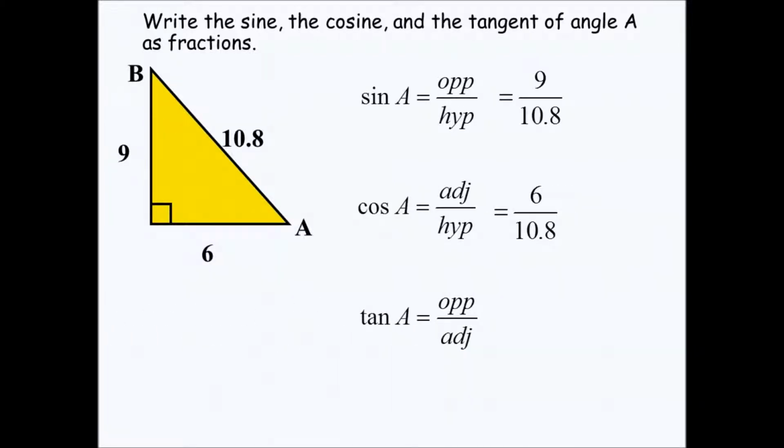The tangent of angle A is defined as the side opposite angle A divided by the side adjacent to angle A. The side opposite angle A again is 9, and the side adjacent to angle A again is 6. Therefore, tangent of angle A is equal to 9 divided by 6, which reduces into the ratio 3 to 2.